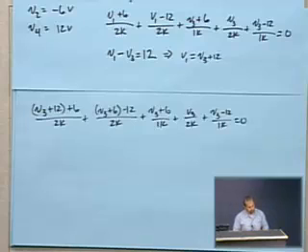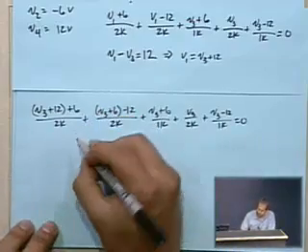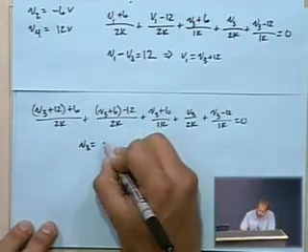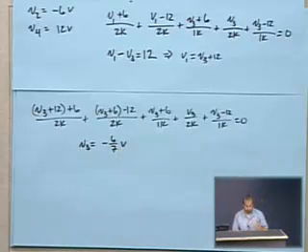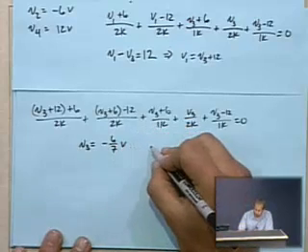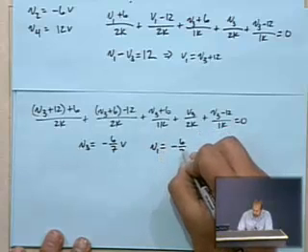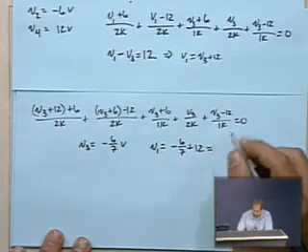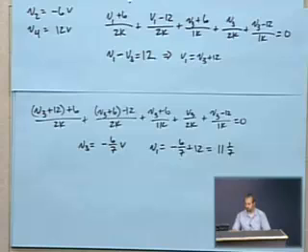Life is much better. It works out that if you solve all of this, simplify it, you get that V3 equals negative 6/7 of a volt. Plug that into your calculator, whatever, to convince yourself of that. And if you want to know the other one, you can say, well, V1 equals V3 plus 12, so negative 6/7 plus 12. 11 and 1/7, whatever that happens to be as a decimal.